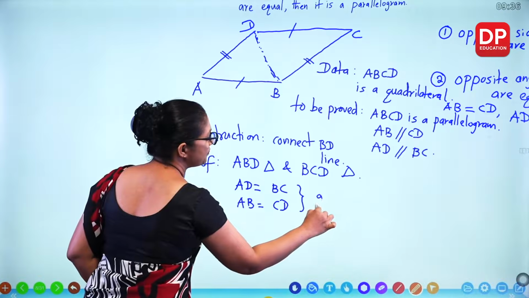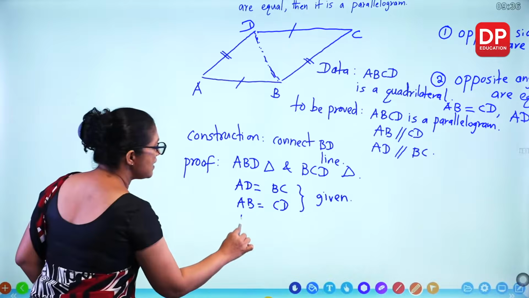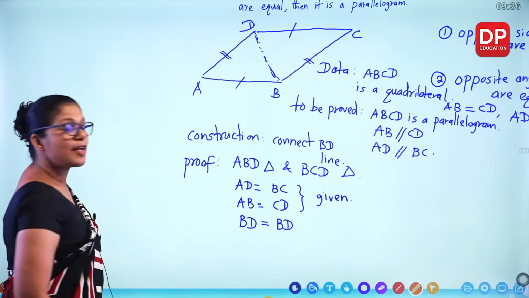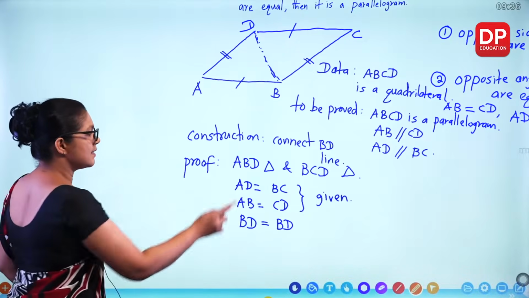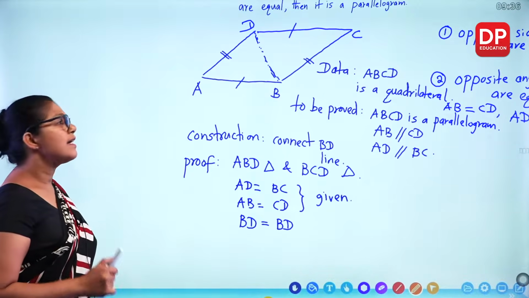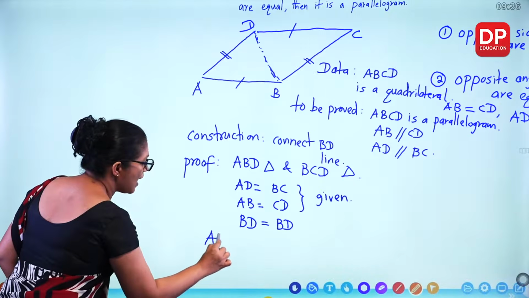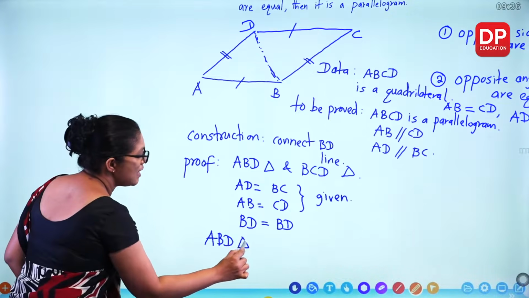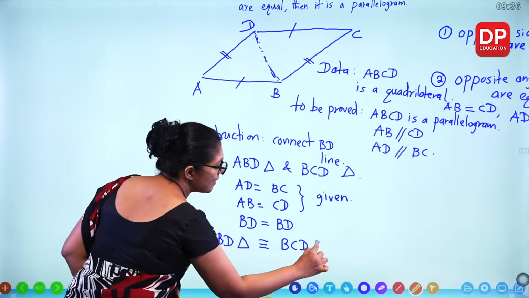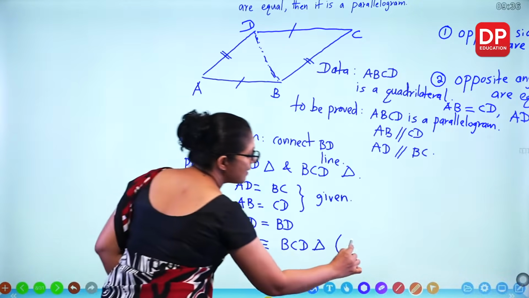That's given. And BD is common. Now what can you say about these two triangles? All three sides are equal. Corresponding sides are equal. So we can straight away write down triangle ABD is congruent to triangle BCD. What's the situation? Side, side, side.